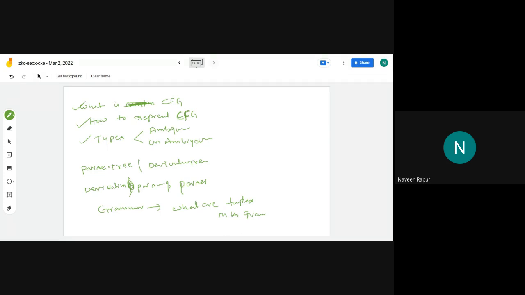So from this class, what are the type of GATE questions we may get? What is the statement accepted by the given grammar?